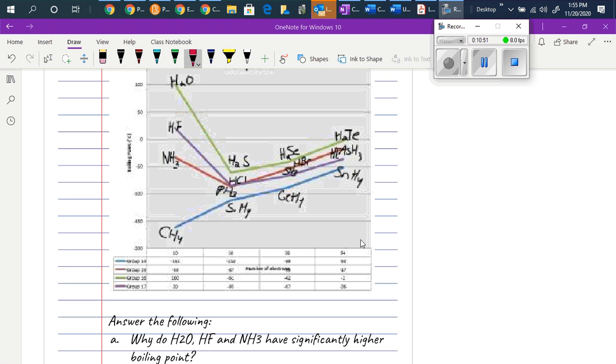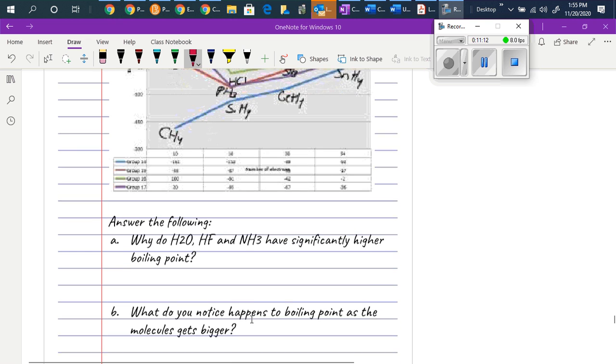So when you plot that, this is the graph that you will see.